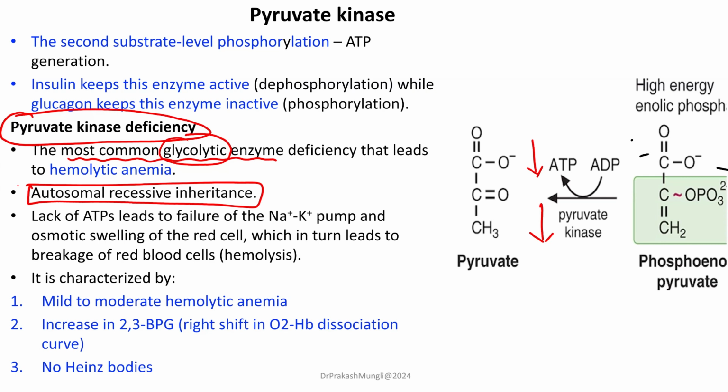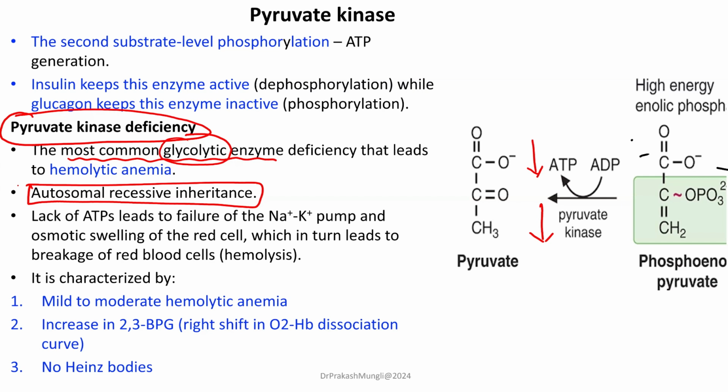That is important because there is another condition that you are going to study where there will be hemolytic anemia. In fact, that is the most common considering every metabolic pathway. If you consider all metabolic pathways and see which is the most common cause of hemolytic anemia in terms of enzyme deficiency, that enzyme is glucose 6-phosphate dehydrogenase.